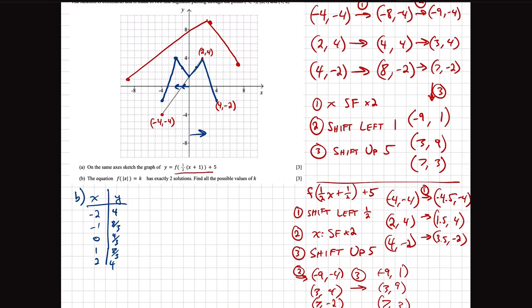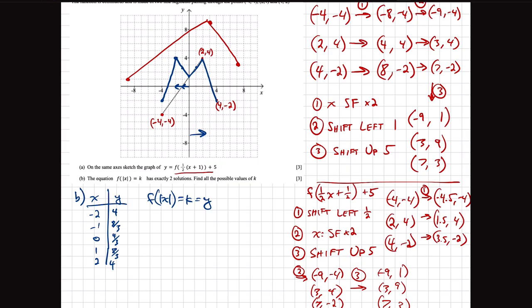Okay, so you end up with this sort of M shape here, and it's asking, if we were to set f of absolute value of x equal to k, well, that's saying our output y equal to k is going to have exactly 2 solutions. So we need to find values for k.